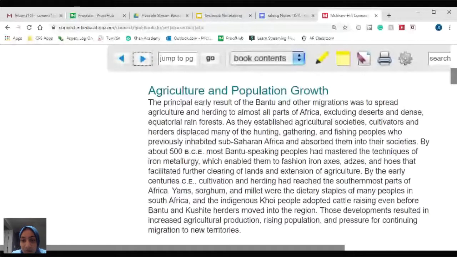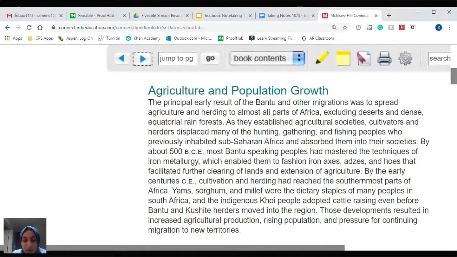So the principal early result of the Bantu and other migrations was to spread agriculture and herding to almost all parts of Africa, excluding deserts and dense equatorial rainforests. As they established agricultural societies, cultivators and herders displaced many of the hunting, gathering, and fishing people who previously inhabited sub-Saharan Africa and absorbed them into their societies.